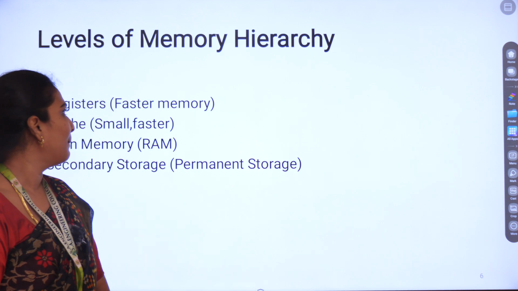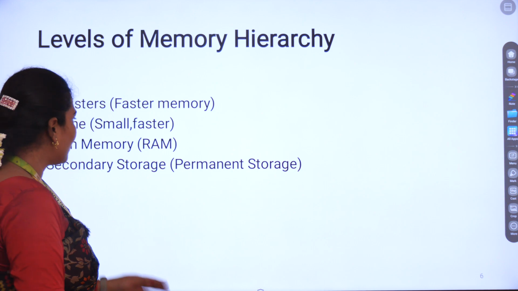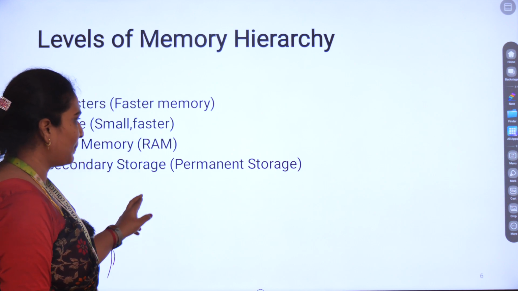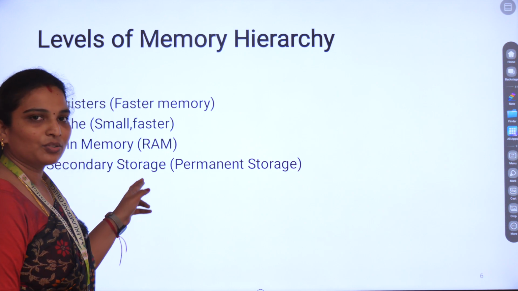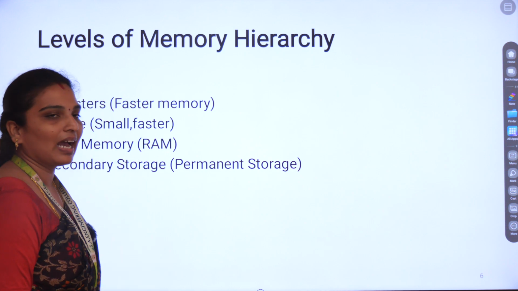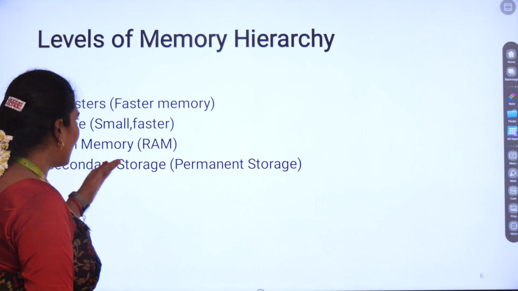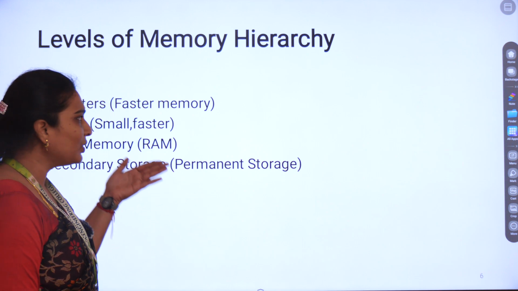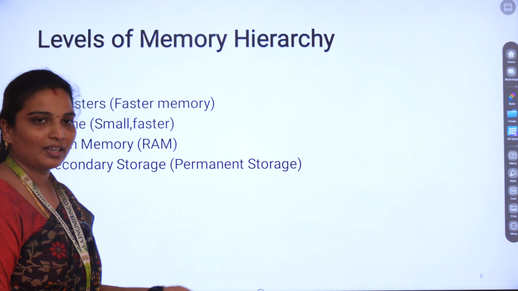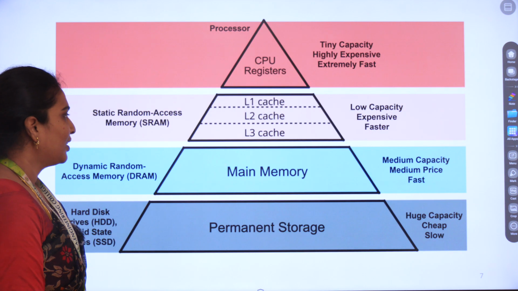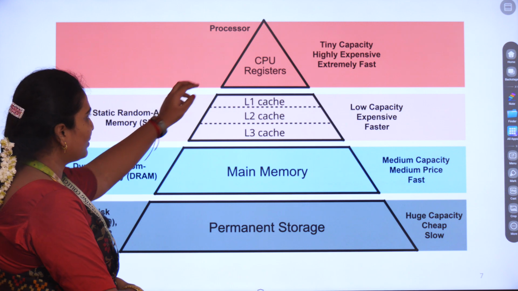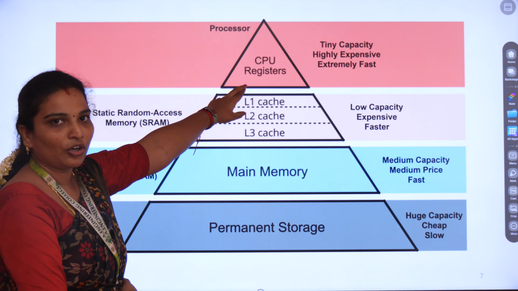Now let us see the levels of memory hierarchy. These are the levels present in the memory hierarchy. The first one is register, next is cache memory, third is main memory, and the last is secondary storage. Now let us see a glimpse of how these levels differ from one another in an image. Consider this. The register is presented at the topmost layer.